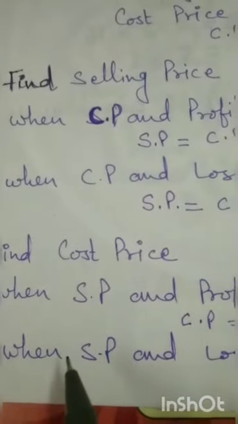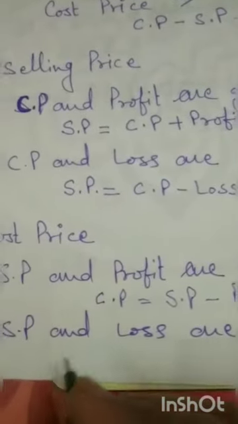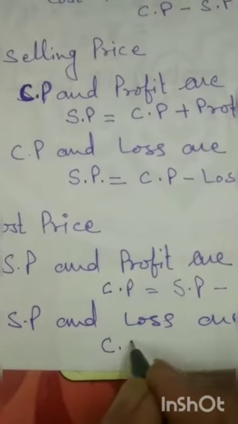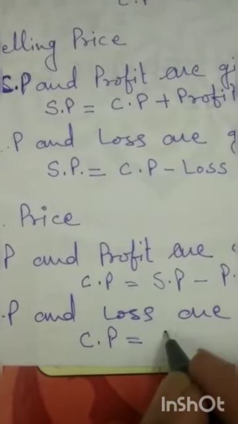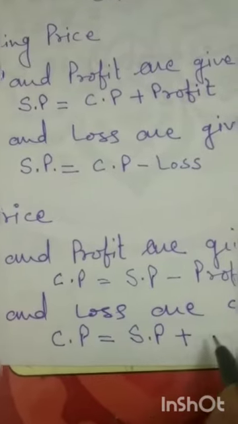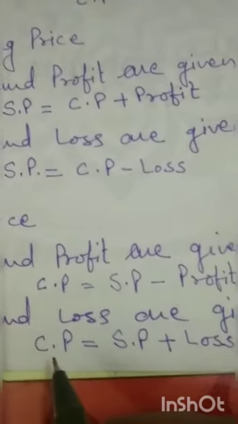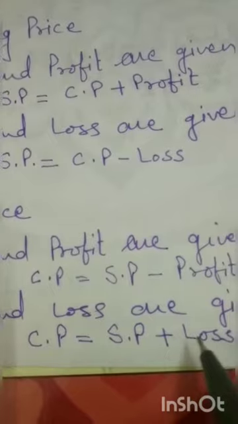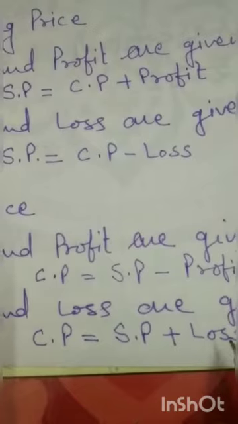How to find the cost price when SP and loss are given? If there is loss, CP will be greater. How will the CP be greater? When you add selling price and loss. So the formula will be CP is equal to SP plus loss. Cost price is equal to selling price plus loss.